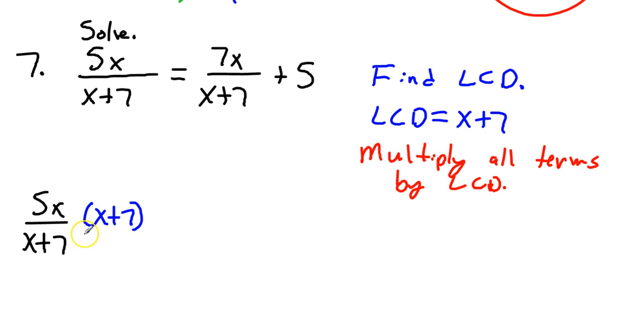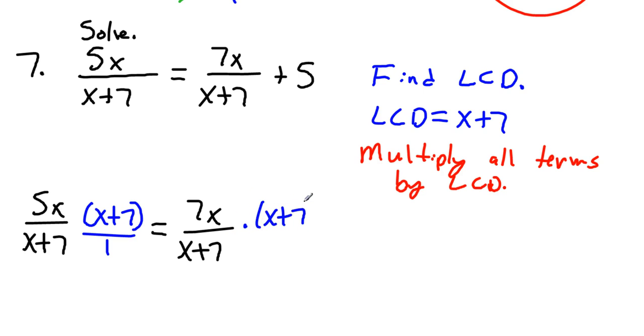And again, because it's a fraction, if you want to put it over 1, you can. Equals 7x over x plus 7 times x plus 7 over 1, and then plus 5 times x plus 7.